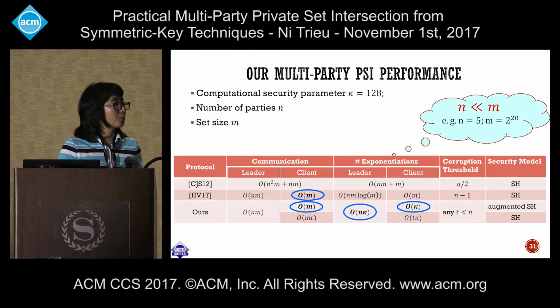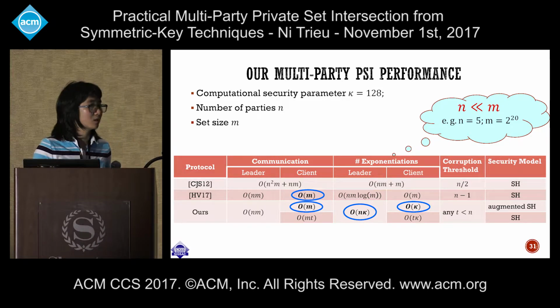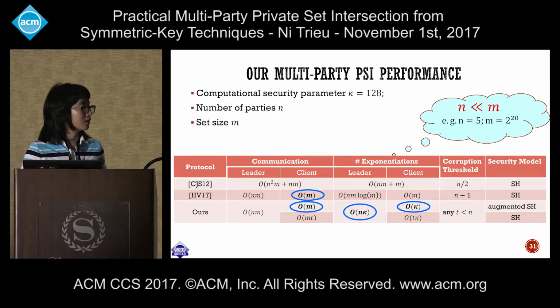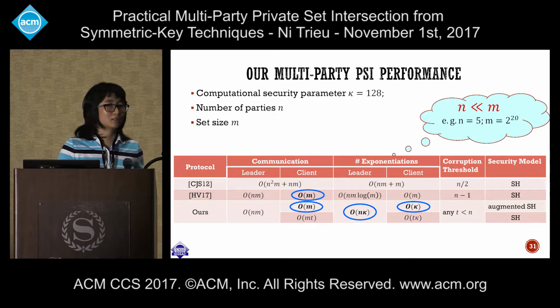Compared to previous works, for the computations, we require much fewer exponentiations, which is here, O of n kappa. And here n is much smaller than the set size.